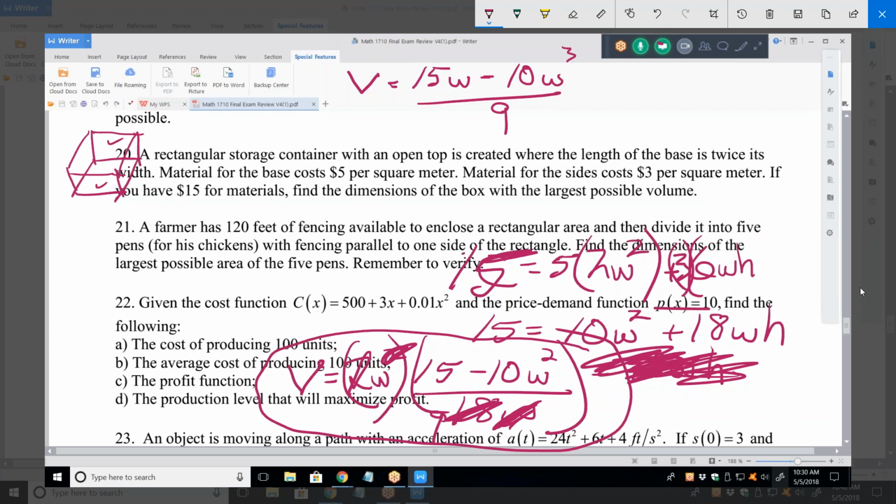Now all we want to do is differentiate that. I can separate it into two fractions. So v prime equals 15 ninths minus 10 thirds w squared.